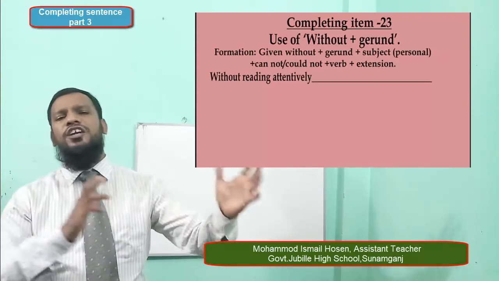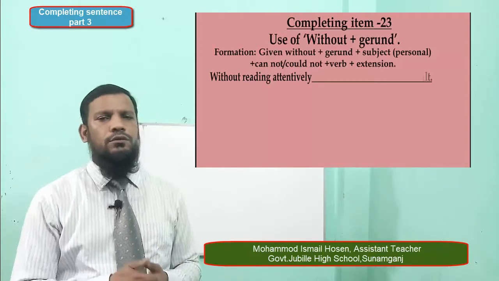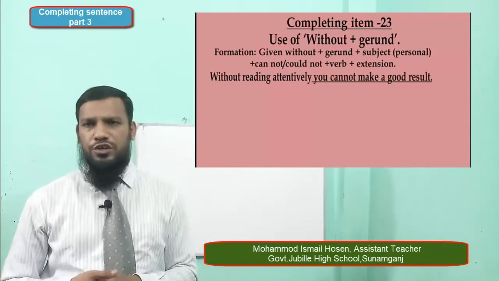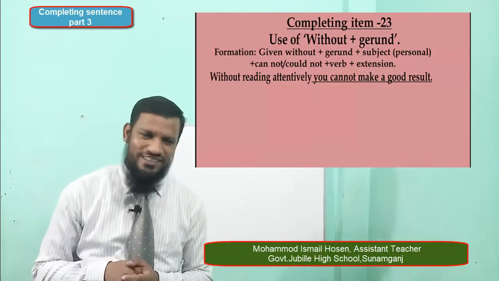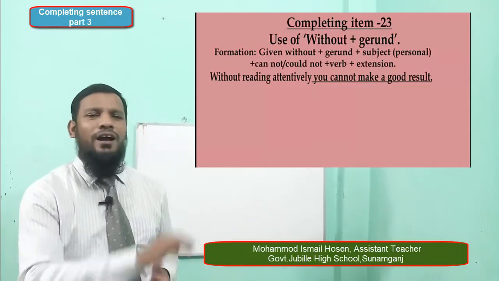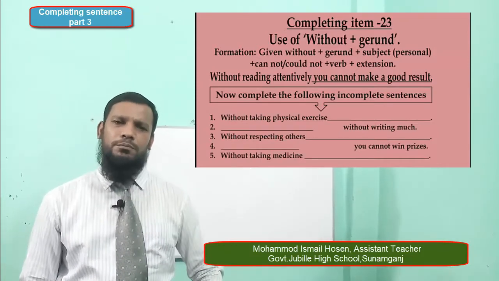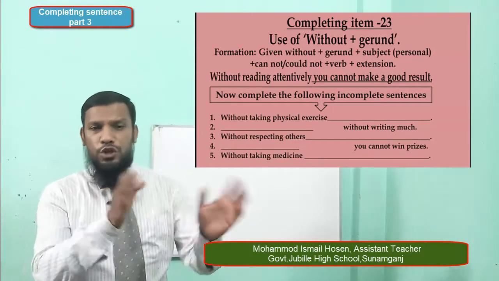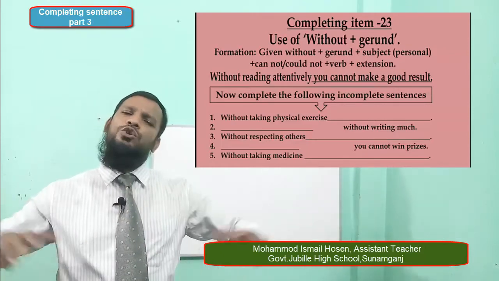Without reading attentively, what will happen? You cannot make a good result. Without reading attentively, you cannot make a good result. Isn't it? So, read attentively. However, now complete the following sentence using this kind of structure. Without taking physical exercise, what will happen?